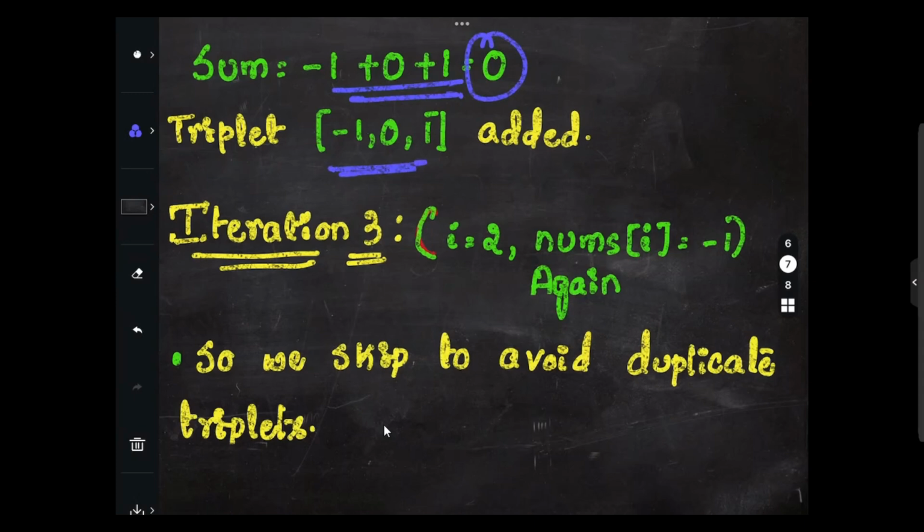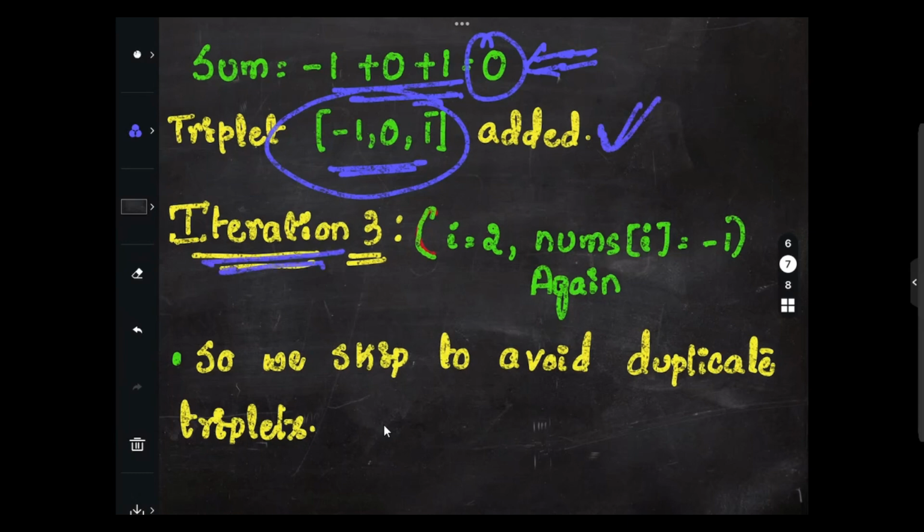So the triplet -1, 0 and 1 we have to add to the array, because the solution we got here is 0. These two triplets we have added.